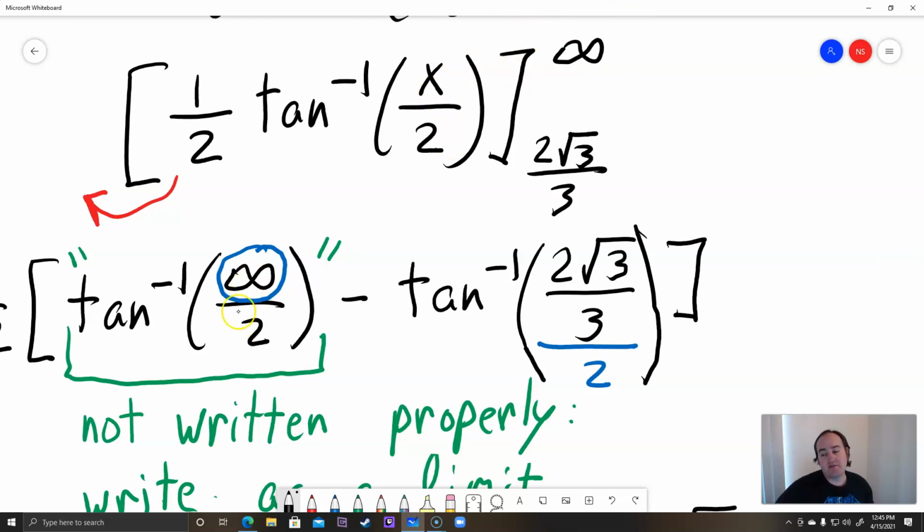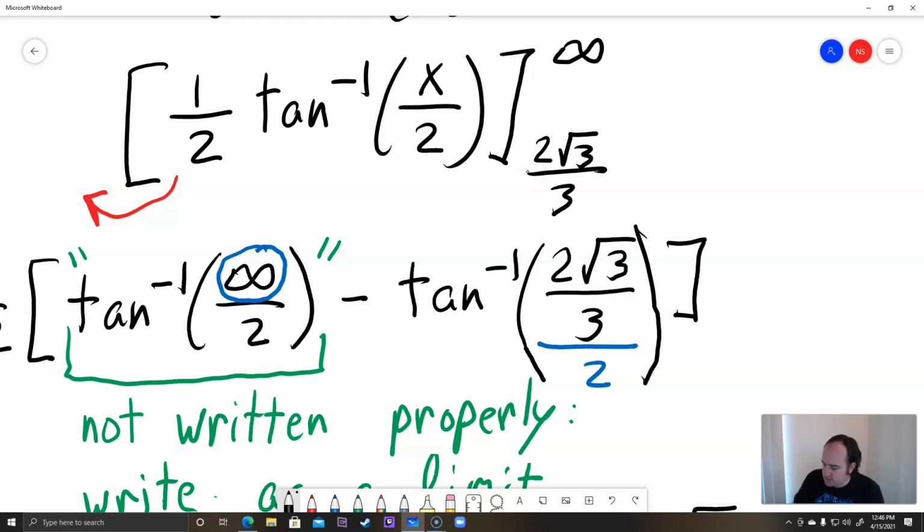Because remember, the function was actually tan inverse of x over 2. So over here I got infinity over 2, and over here I should have 2 root 3 over 3 over 2. Okay, but for that one, we can see that we have a 2 down here on the bottom. So if you multiply by the reciprocal there, you're going to end up multiplying by 1/2.